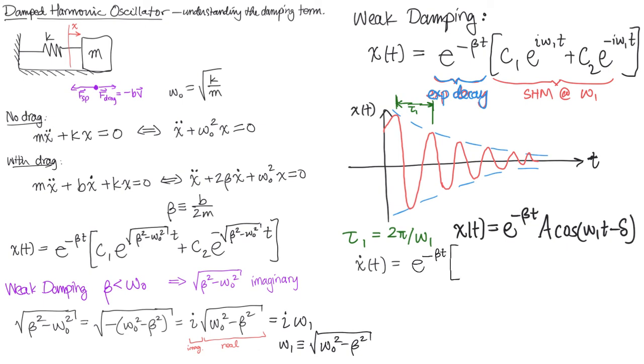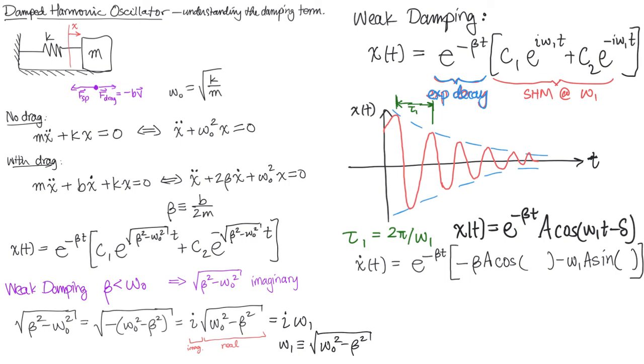And when you take the derivative of the exponential, you get a minus b, and then you leave the second function alone. And then when you leave the exponential alone and you take the derivative of the cosine, you'll get minus omega 1a times the sine of that function. And so we have this.